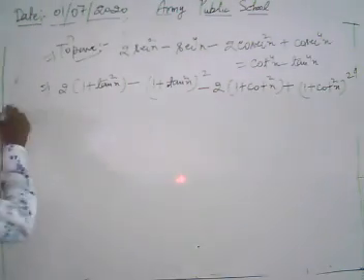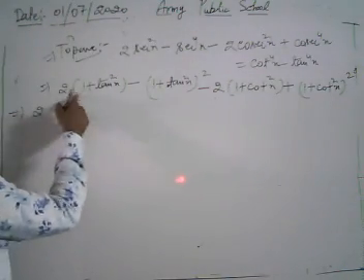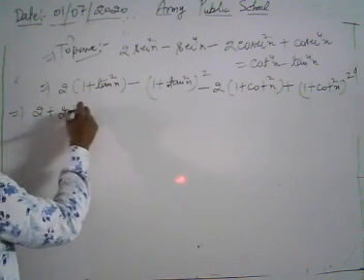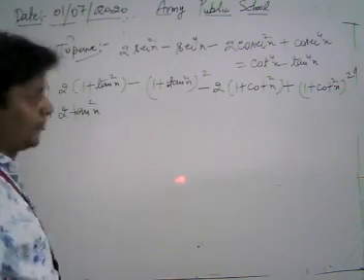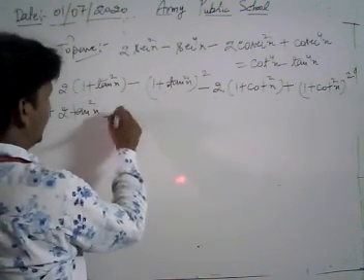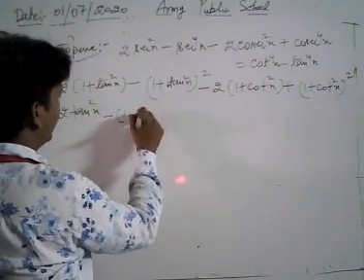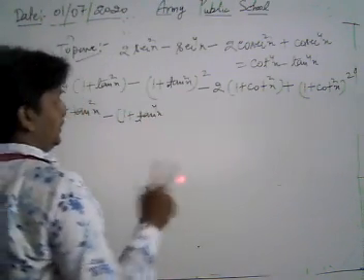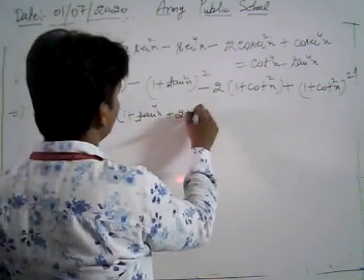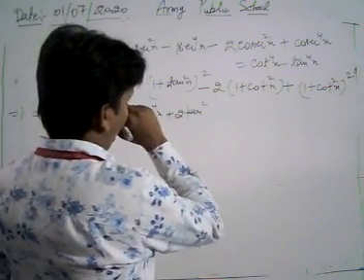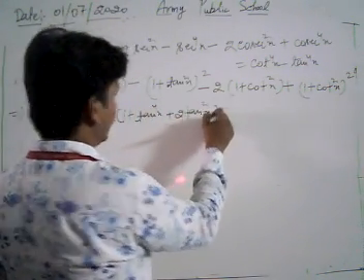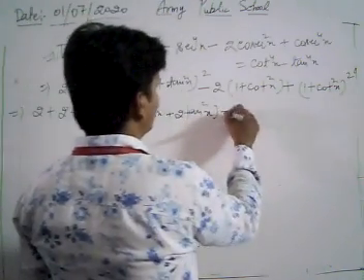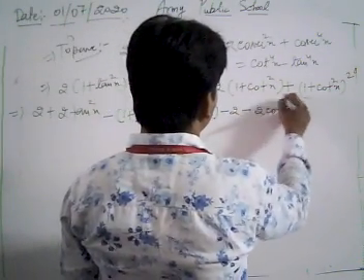So we split those functions. 2 we multiply: 2 plus 2 tan square x. Minus, we expand a square plus b square plus 2ab: 1 plus tan to the power 4x plus 2 tan square x. Here minus 2 cot square x.